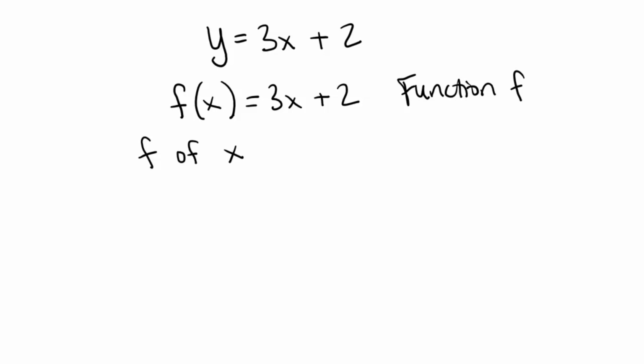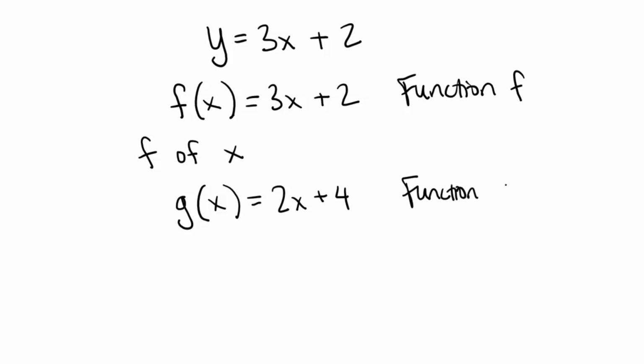You can also have other letters, like we could say g of x equals 2x plus 4. So we would call that function g. So g would be like the name of the function. So we have function f, function g.